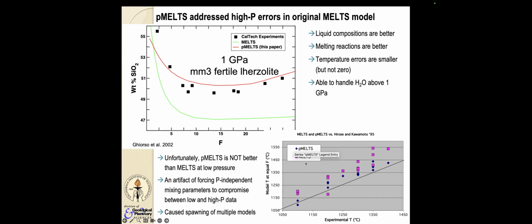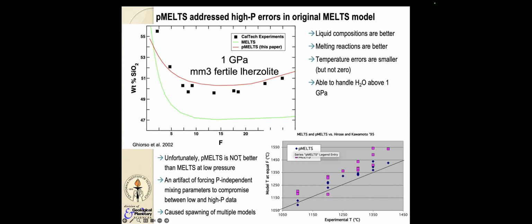And in pink, you see what MELTS says, and you can see it's systematically off at 1 GPa by 100 degrees, right? Whereas pMELTS is off by less. So pMELTS is better for modeling peridotite melting at mantle pressures, but there are still errors. It's not exactly right, all right?